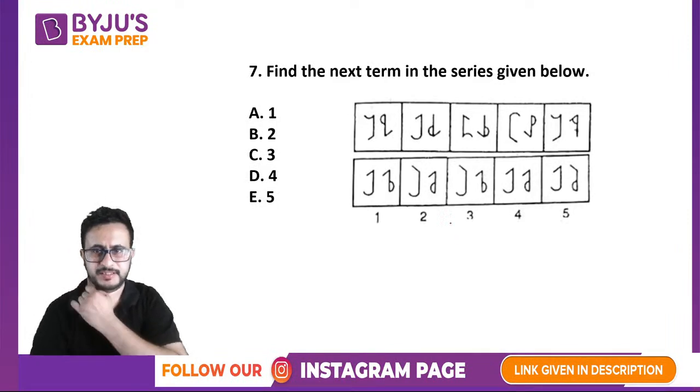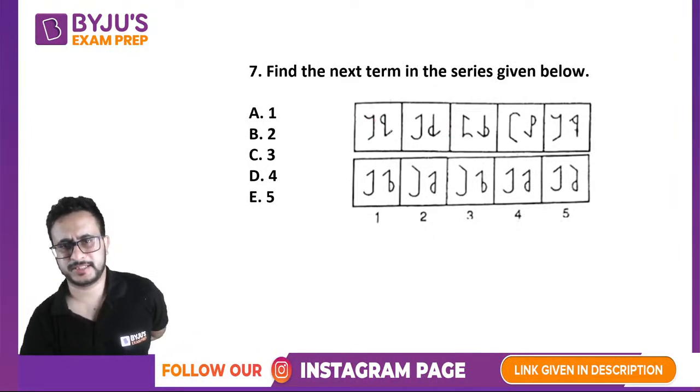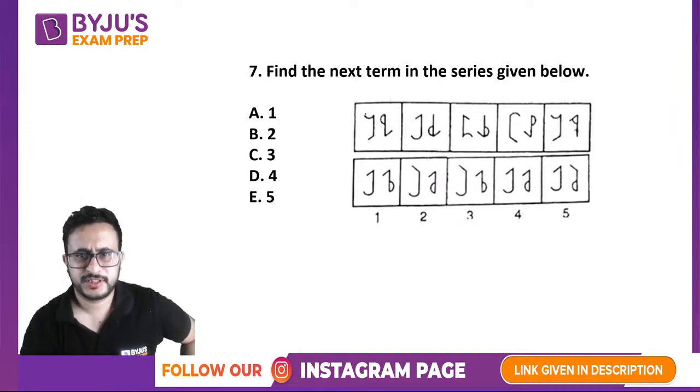What is happening in this? We have two elements with this line and two elements with this line, right? Let us look at one of the lines first. This curve is up, this is down, this is inverted, then goes up, right? Then inverted, then it should go down, right? So we will have a curve like this.